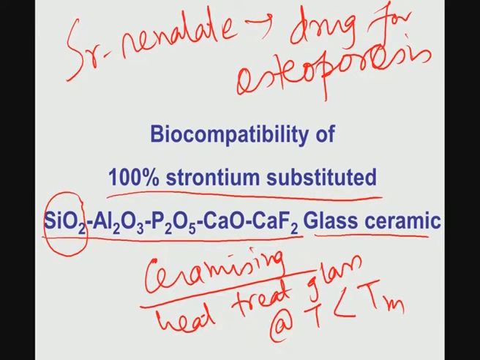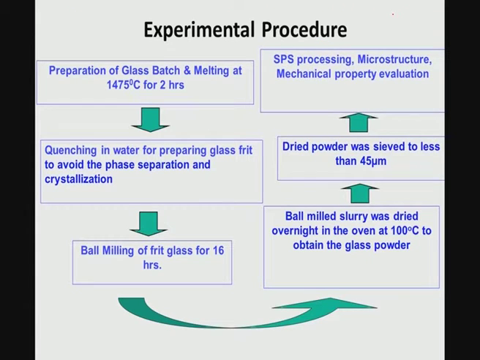Having said that, these particular glass ceramic materials were prepared by the following route. Glass melting takes place at 1475 degrees for 2 hours, and as I said in an earlier module, typically in a multicomponent glass composition one needs sequential or repeated melting to homogenize the glass composition.